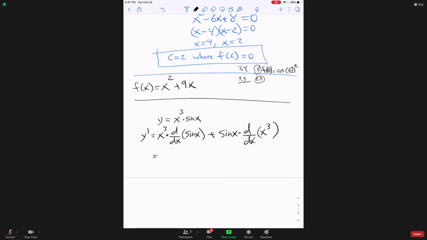Now, this one is not much more work to do. When you start using notation like that, which I never use in class, there's really no reason for you to write this. Just take the derivative of sine of x already. You have to be able to take the derivative of sine of x right away and just say cosine of x. When you do that, it does not make you look good in my eyes. Let's just leave it at that.